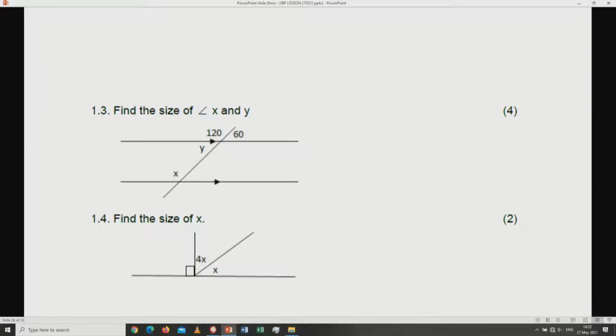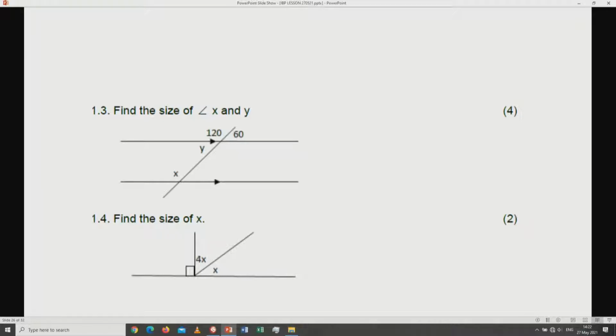Find the size of angle X and angle Y. Relationships again. We must look at the relationships. 120 degrees, what do you relate it to?